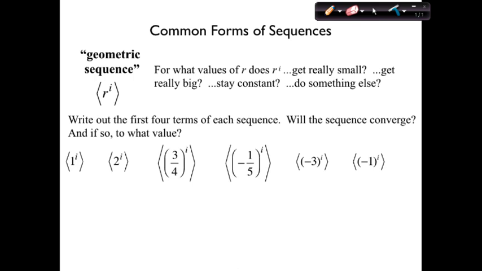And so maybe I'll have you write these down and write out the first 3 or 4 terms of each one. Meaning for I equals 1, I equals 2, I equals 3, and I equals 4. And then look at those sequences and try to make some conclusions about what would happen if I then got very large. Would it converge to some value or not? And I'll take attendance.